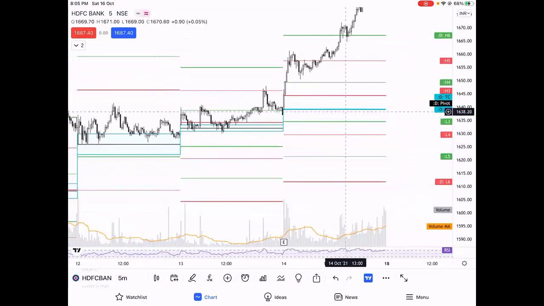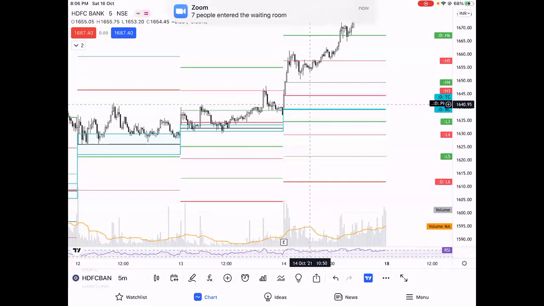This is what we call a narrow CPR when the range of TC and BC is very, very less. And when the range of TC and BC is wide, it gives you a wide CPR. Narrow CPR is generally trending CPR. Wide CPR is generally your consolidating CPR.